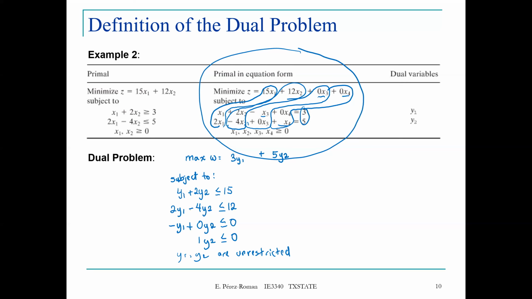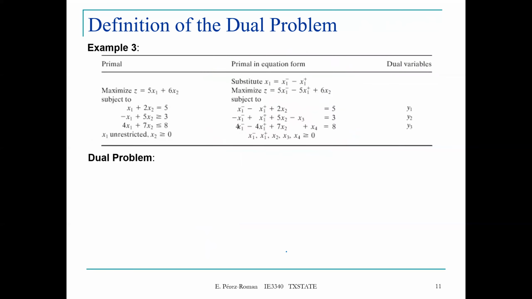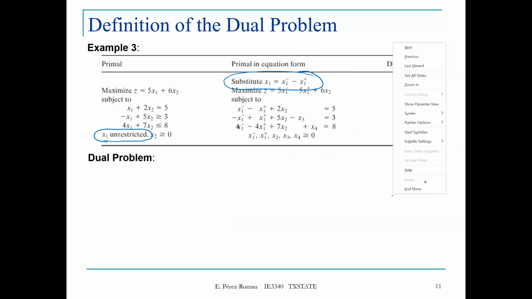We have one additional example. Example 3, we start with an unrestricted x1 variable. So we need to perform, you remember, the substitution that we discussed earlier in the semester. That substitution right there for unrestricted variables. So we do that for this particular problem.